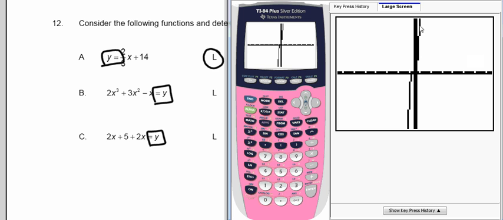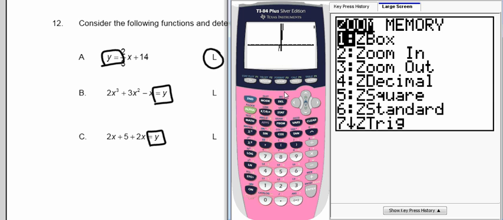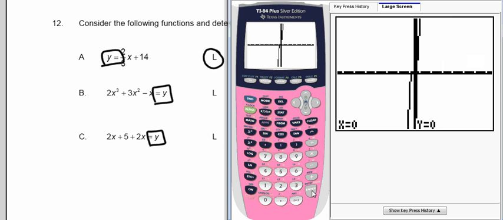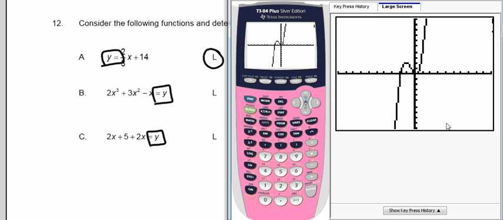It's really hard for me to tell if that's a line. I'm not so sure. So what I'm going to do is I'm going to zoom in. I press zoom, and now I'm going to go down to zoom in, press enter, and enter one more time. Oh, that is definitely not a line, and it has 2 u's. So that looks to me like it is not linear, and it is not quadratic, so it is neither.